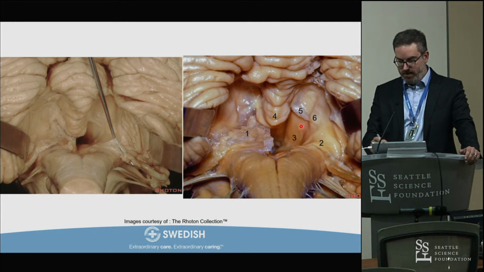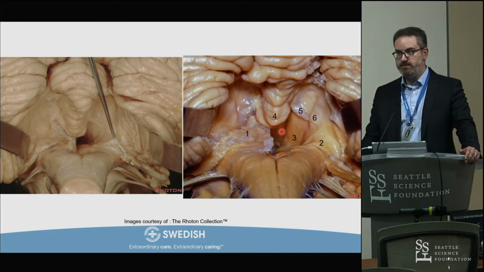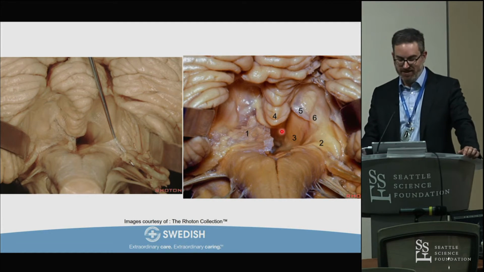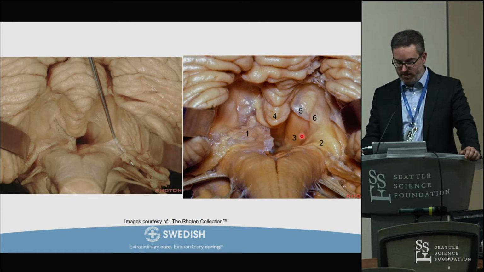What's number 3 here? Anyone? That's the cerebellar peduncle, right? So that's the peduncular mass, and we'll see that in a cut cross section in a moment. And then number 2.